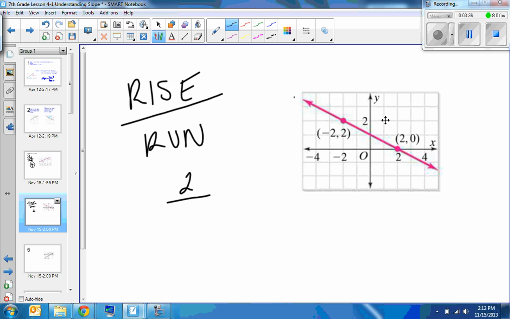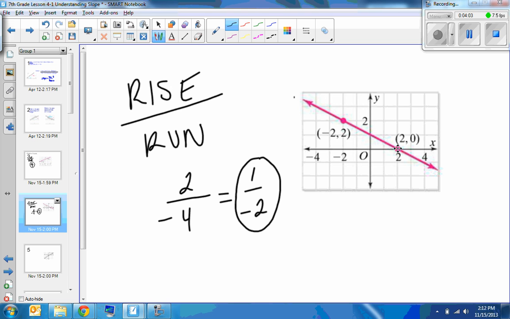And then I'm going to move 1, 2, 3, 4. I went to the left, so it's a -4. I want to simplify this, so I would have 1 over -2. And that's my simplified slope.